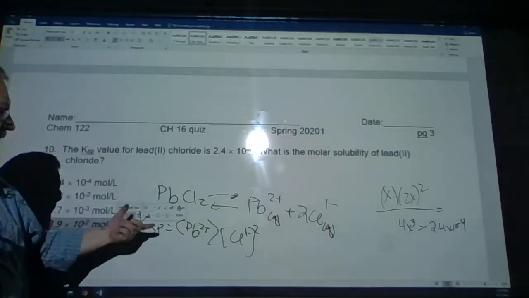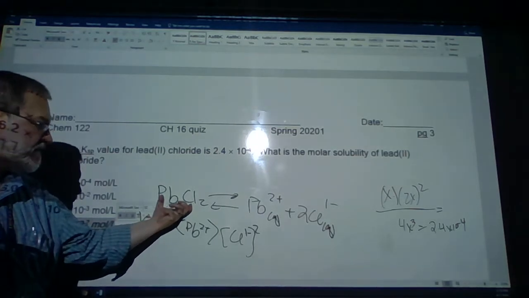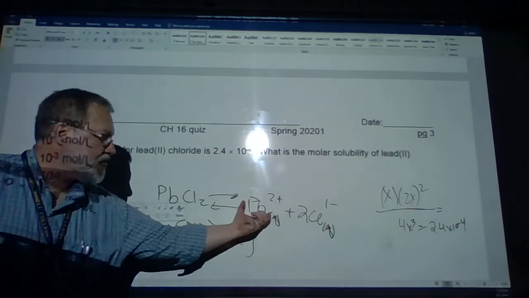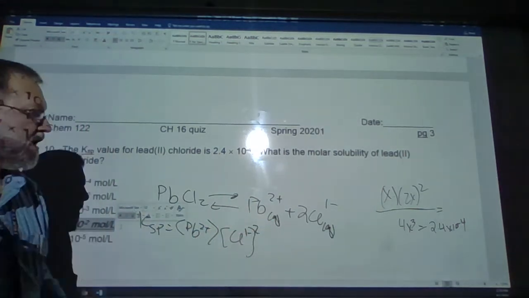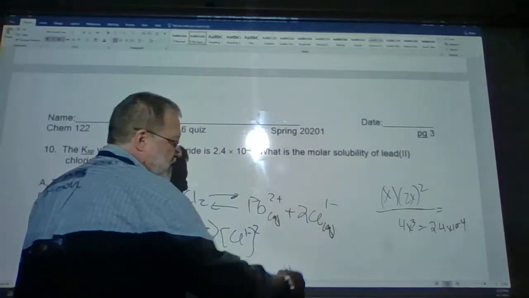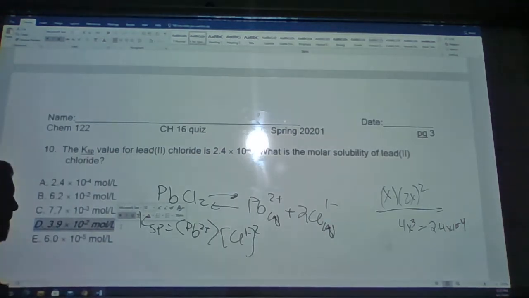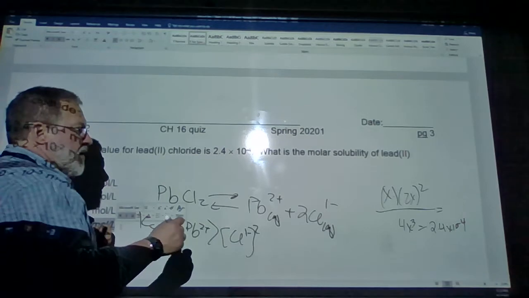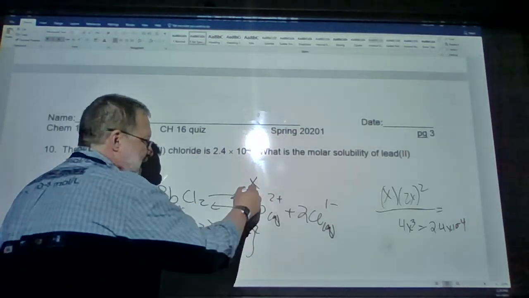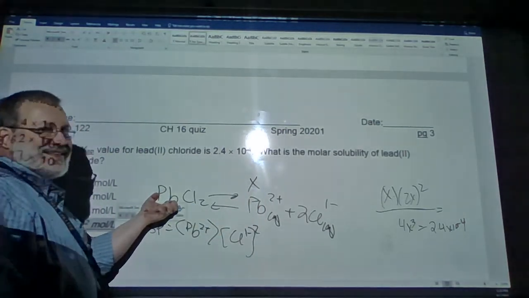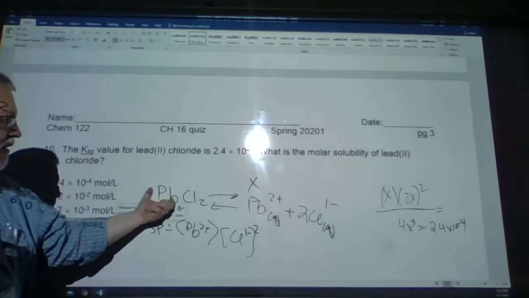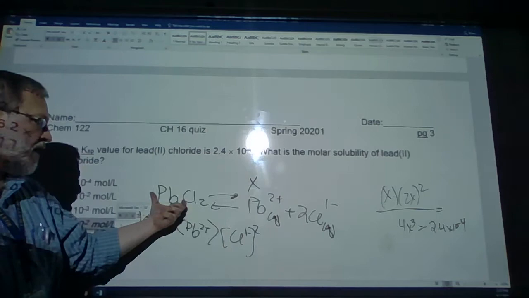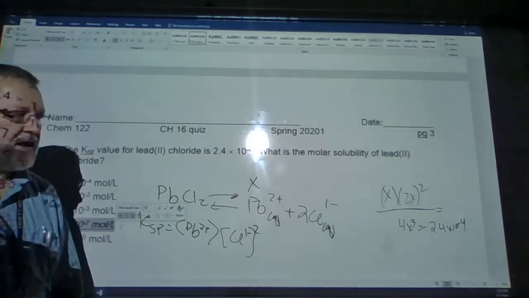So if we say X of this busts up, it produces X of this and 2X of that. Lead chloride busts up into lead cation and chloride anion. Since this is a molecular formula, 1 mole of lead chloride contains 1 mole of lead, but 2 moles of chloride anion.